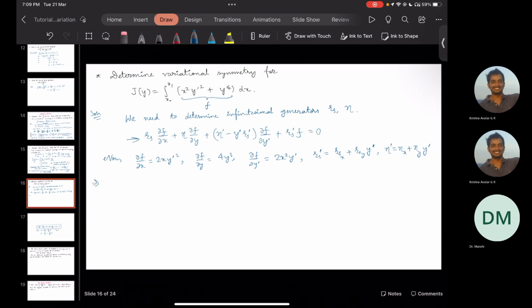So this implies that xi into 2xy prime squared plus eta into 4y cubed plus eta x plus eta y prime minus y prime, and I'll expand it, minus y prime squared subscript 1, and then this multiplies with 2x squared y prime, right?